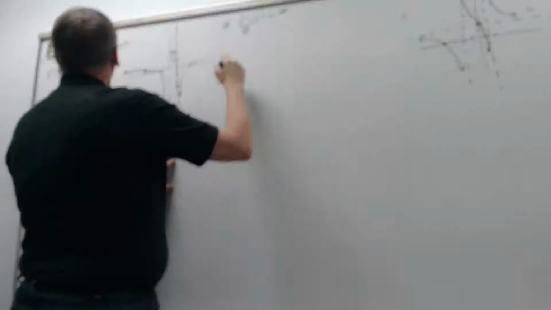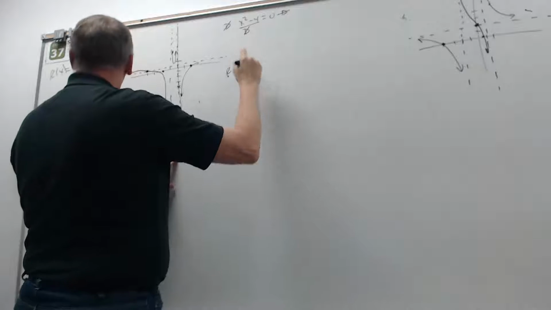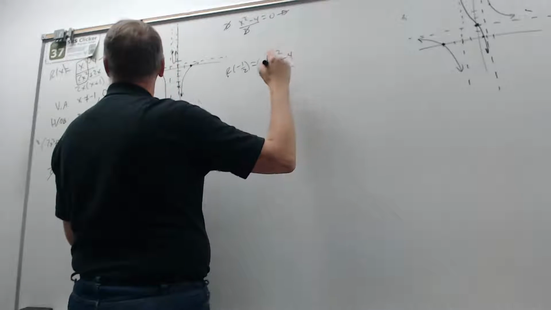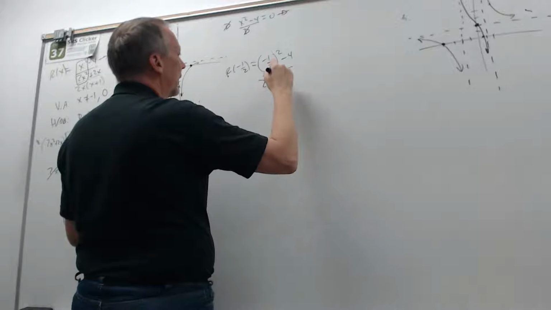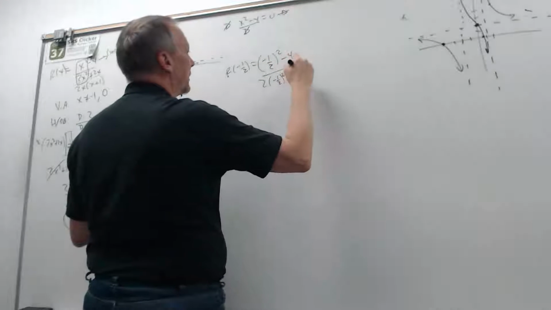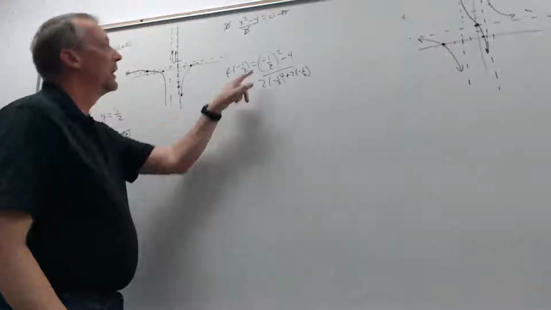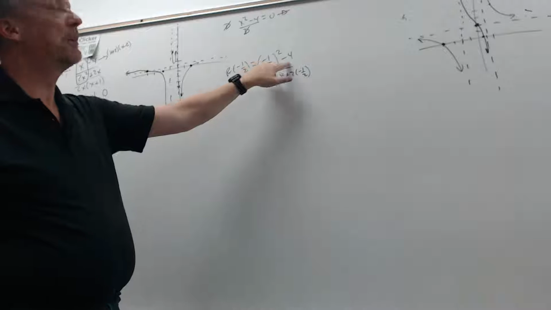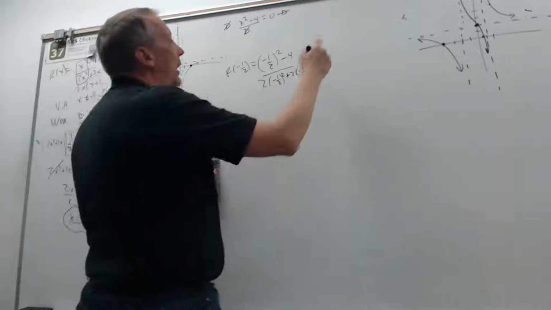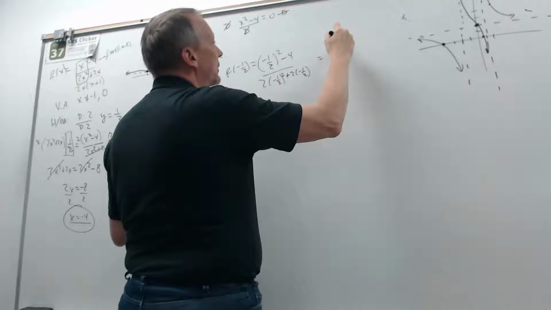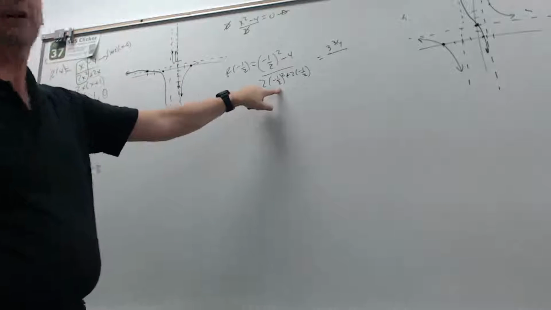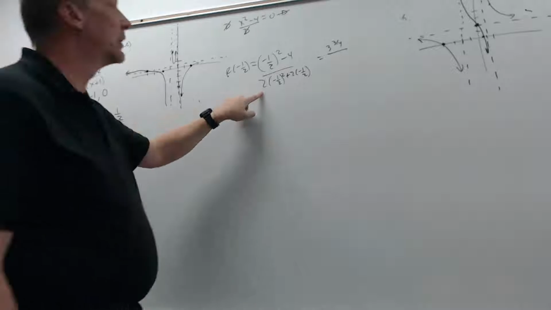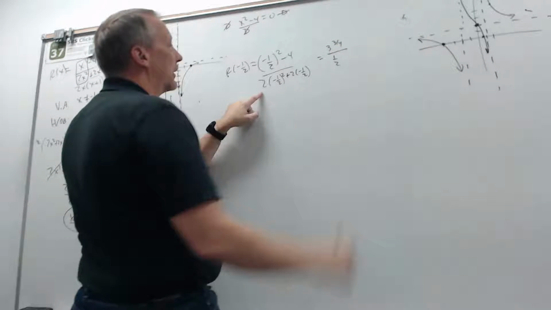Yeah, so r of -1/2 equals -1/2 squared minus 4 over 2 times -1/2 squared plus 2 times -1/2. -1/2 squared is 1/4 minus 4, 3 3/4 over 1/2 squared, 1/4 times 2 is 1/2.